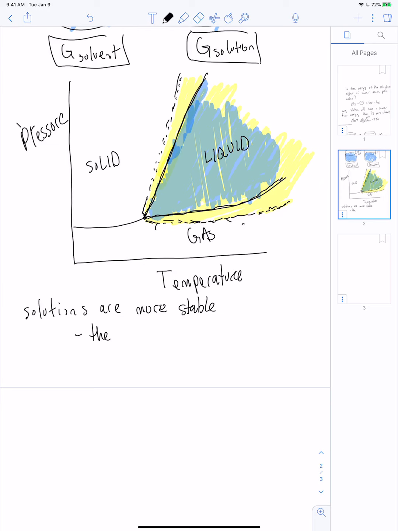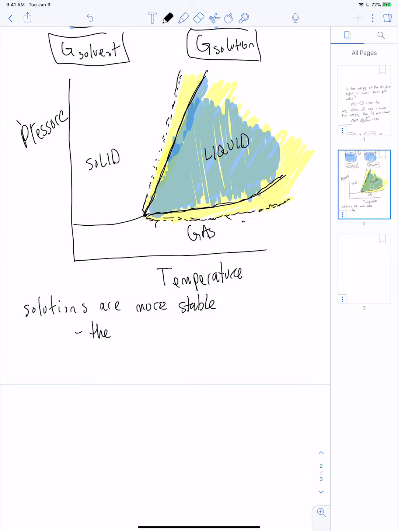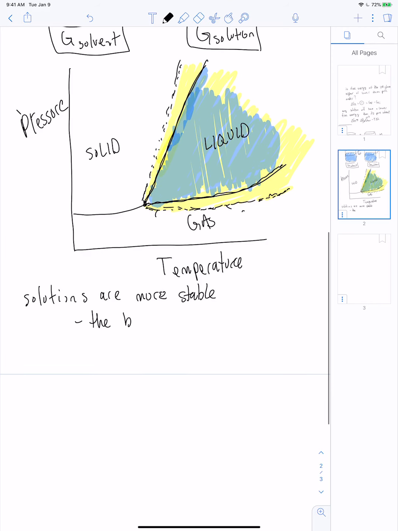Maybe they run into each other really fast or something. But anyway, they turn into a solid, and that's essentially what we're looking at with the boiling point increasing and the freezing point decreasing.